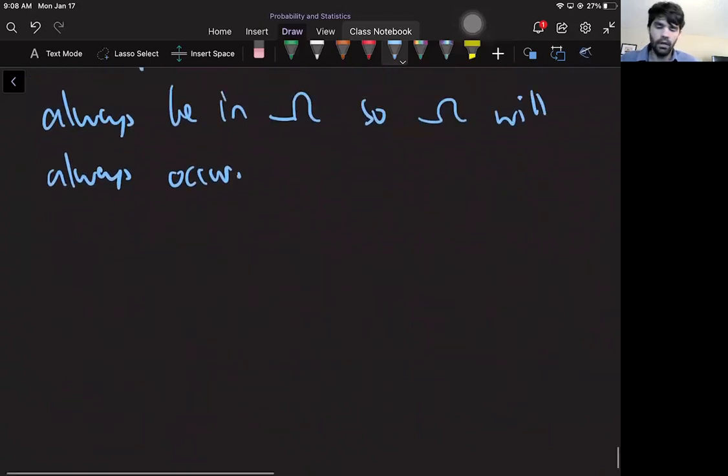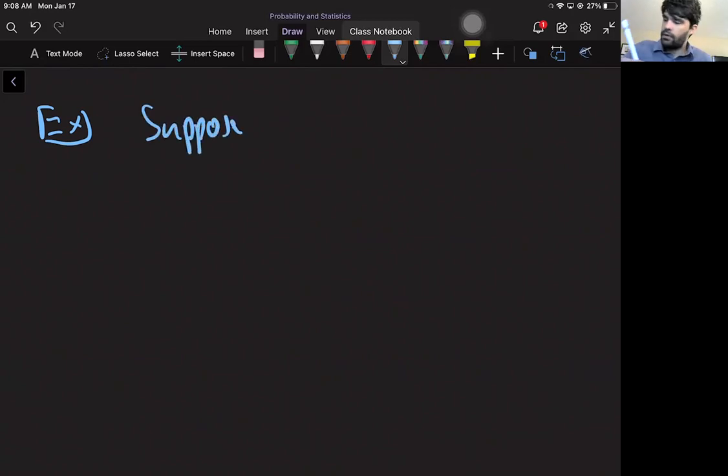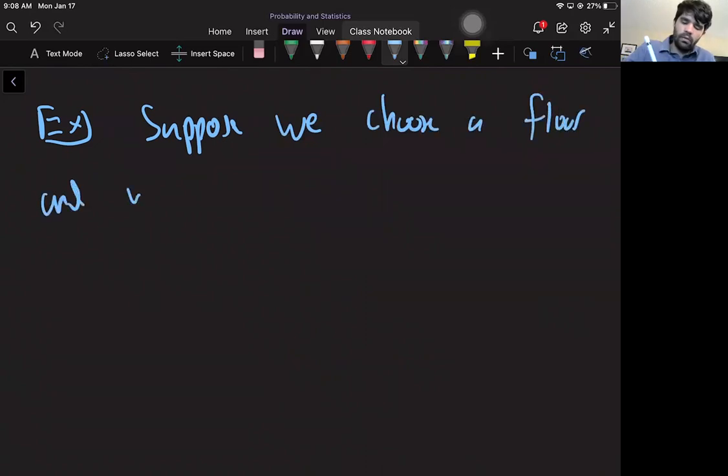Okay, so let's do one more example, a bit more wordy of an example, just to see how experiments can be sort of vaguely fit into other things that don't seem like it at first. But suppose we choose a floor and a wall color.